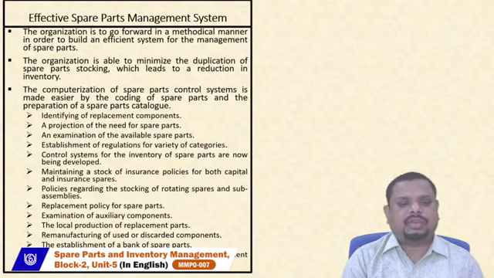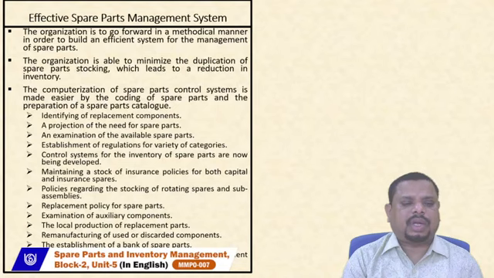Then the control system for inventory of spare parts is developed. Then maintaining a stock of insurance policies for both capital as well as insurance spares. Then policy regarding stocking of rotating spares and subassemblies. The next is replacement policy for spare parts.